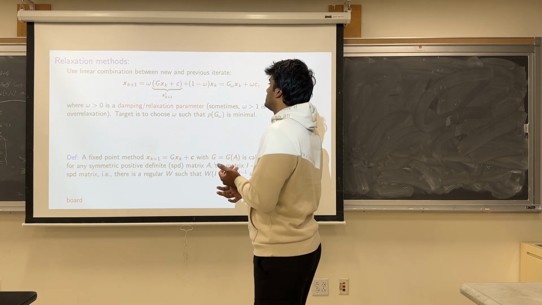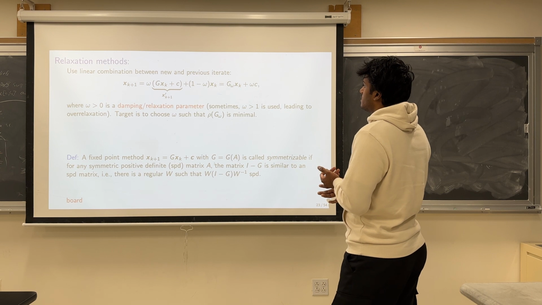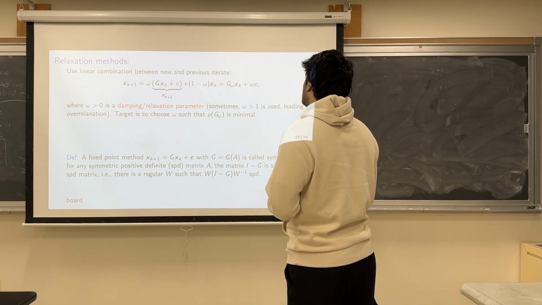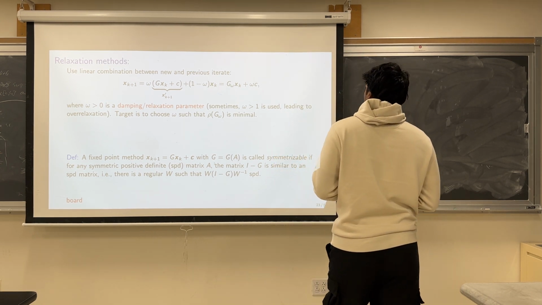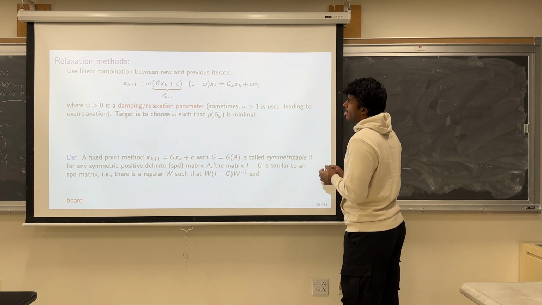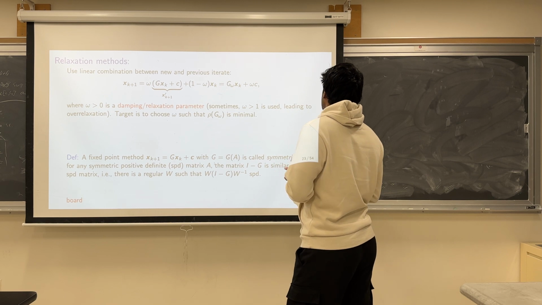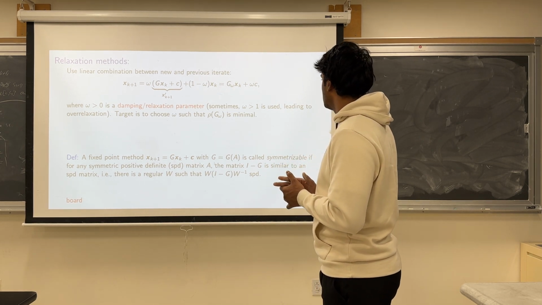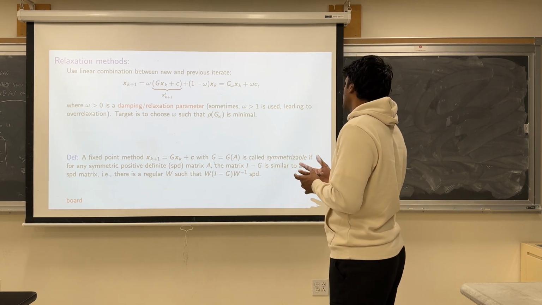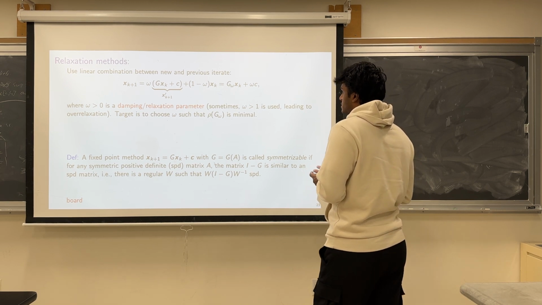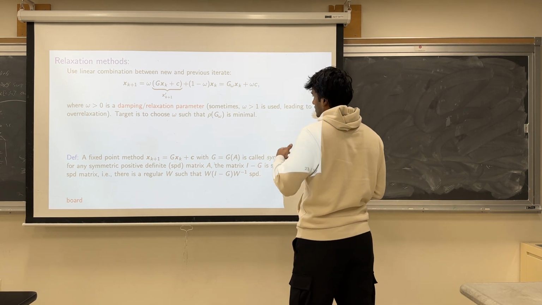Okay, now relaxation methods. Use a linear combination between new and previous iterates, where omega greater than 0 is a damping parameter leading to over relaxation. The target is to choose omega such that rho of G is minimal.